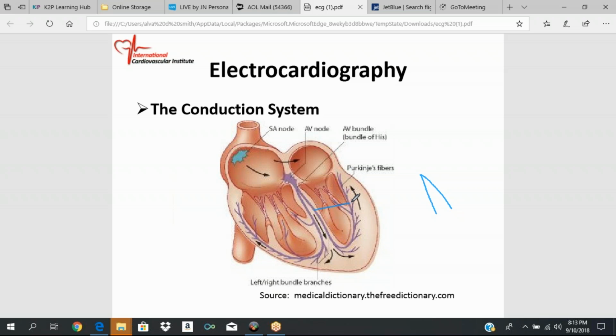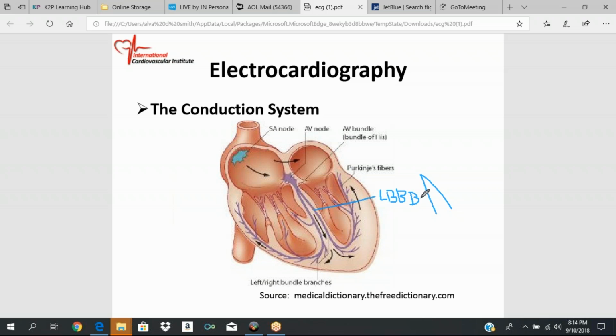If you look at our EKG material, we usually depict it as LBB, left bundle branch.